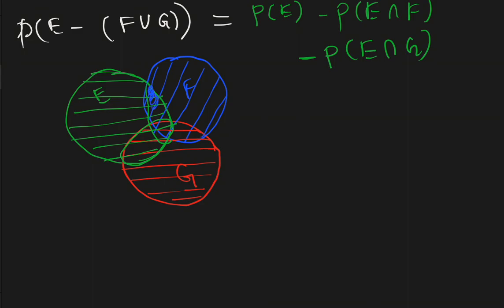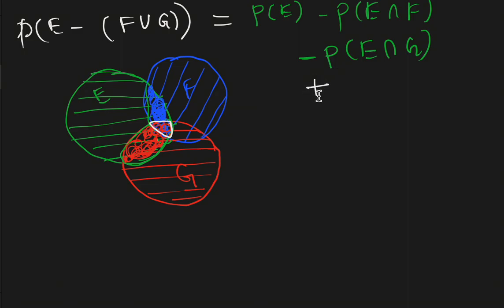These two parts are inside E. If I subtract these two, we'll get P of E minus F union G. But you will see that this small region where the three sets intersect, I subtracted two times, because when I subtract E intersection F, I subtract it once, and when I subtract E intersection G, I subtract it again.